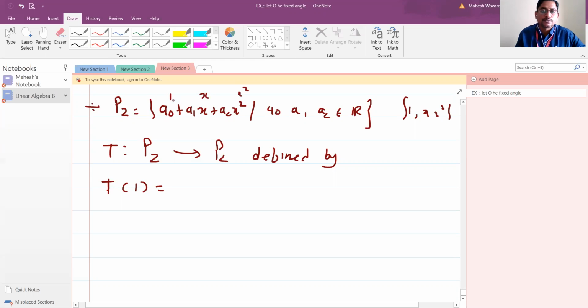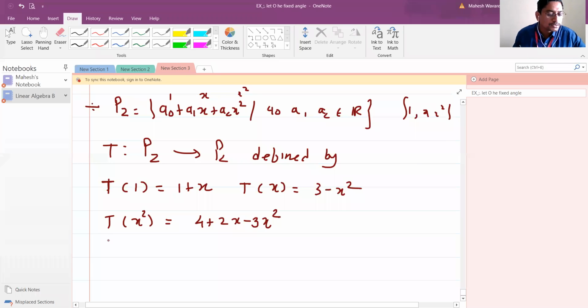So this we can call the standard basis for this polynomial space. So the image of 1 is given as 1 plus x. Image of x is given as 3 minus x square, and image of x square is 4 plus 2x minus 3x square.